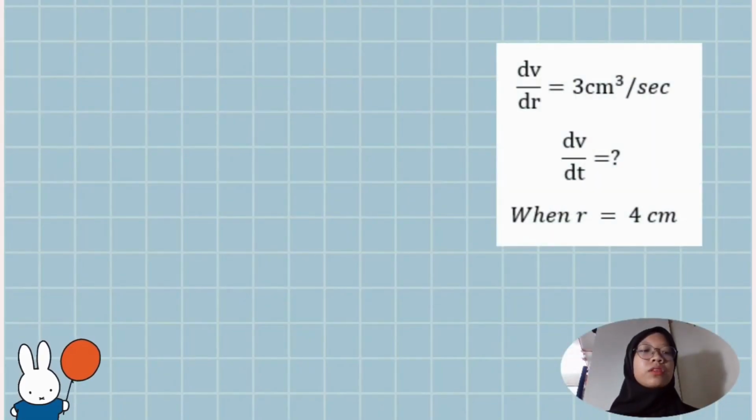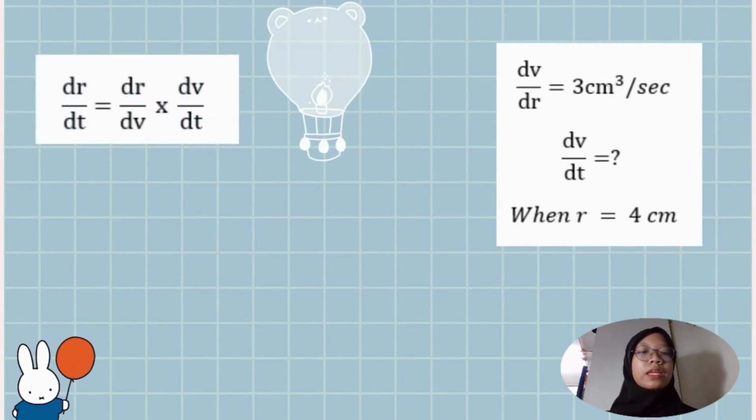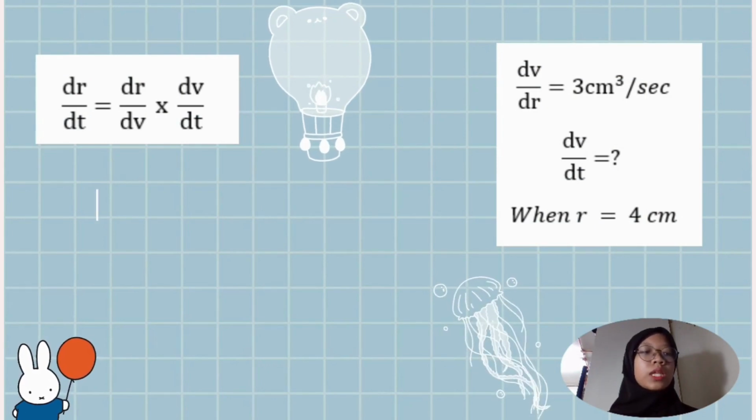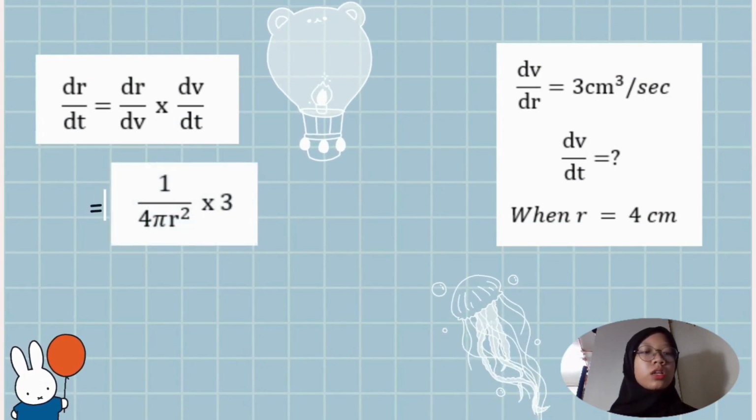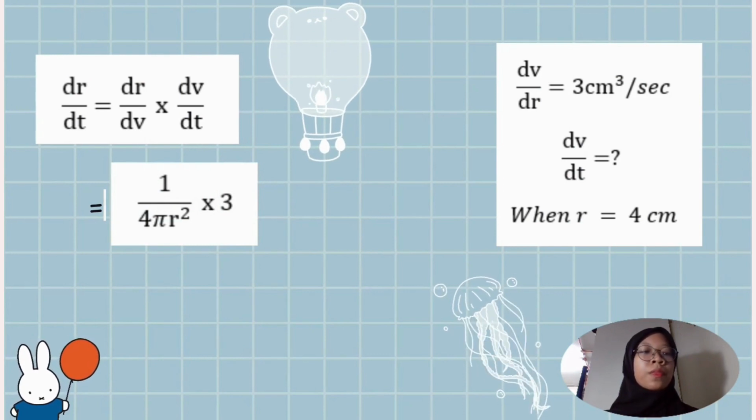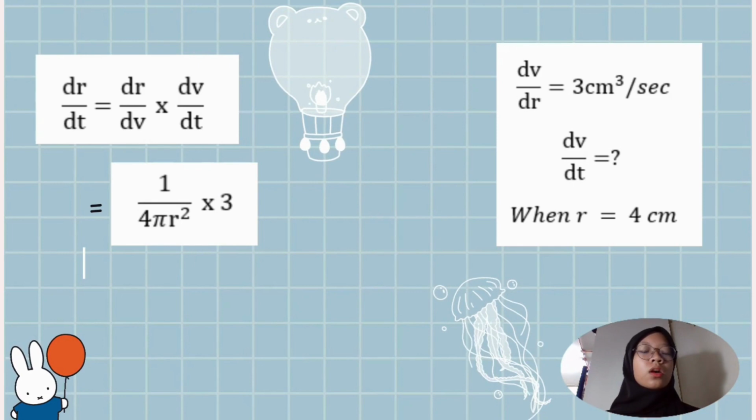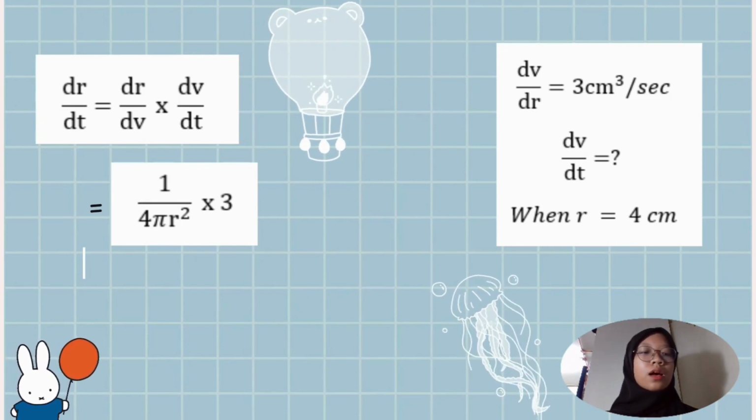After that, substitute the values of dr over dV and dV over dt. In this formula, to get the value of dr over dV, we need to invert the equation of dV over dr. Then, the equation will be 1 over 4 pi r square times 3.